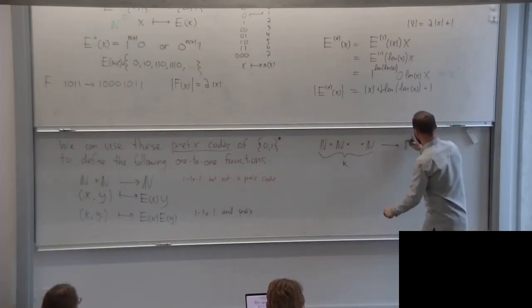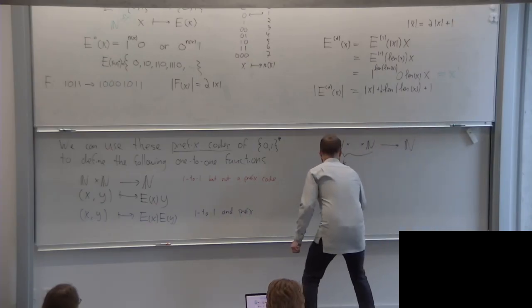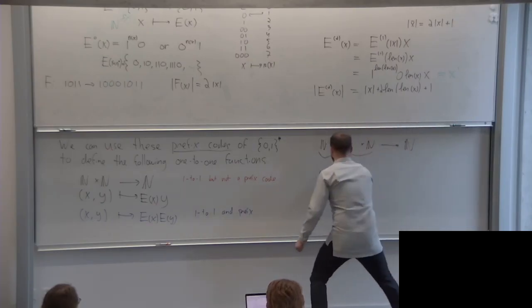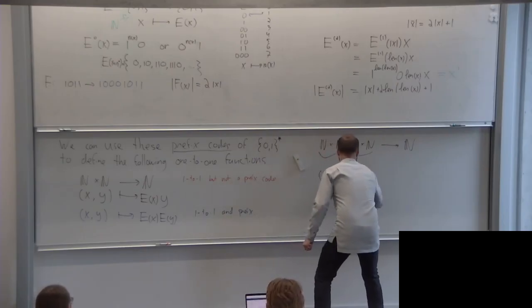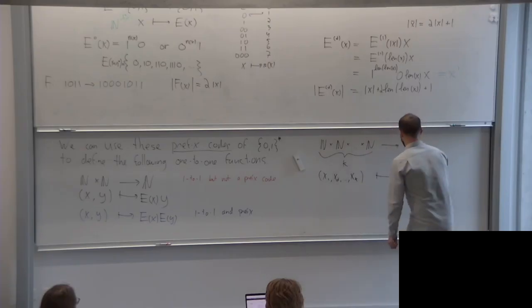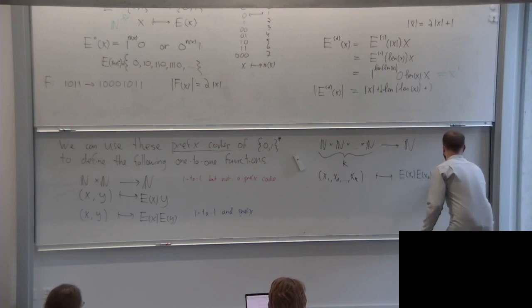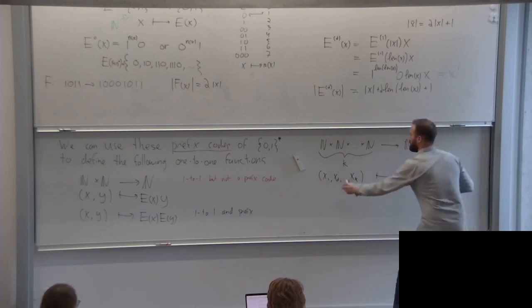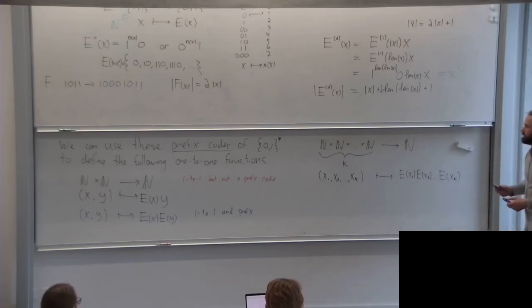I want to encode all of these in one natural number, so I have x1, x2, up until xk, which goes to E of x1, E of x2, and so on.